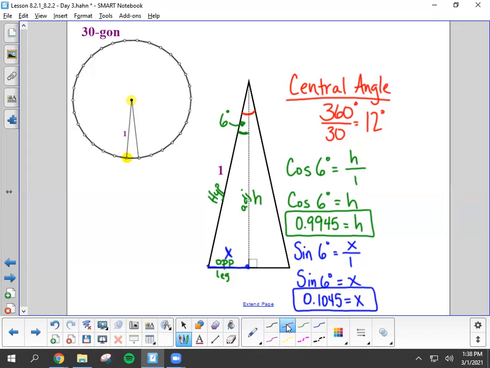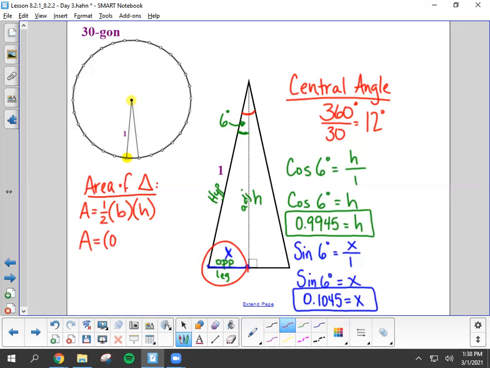So now I'm going to find the area of this one triangle. The area of a triangle is always equal to 1/2 of the base times the height. And this x is actually half of my base. So I can do my value for x, 0.1045, times my height, which was 0.9945.